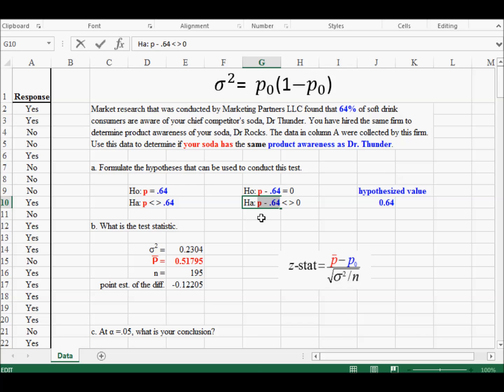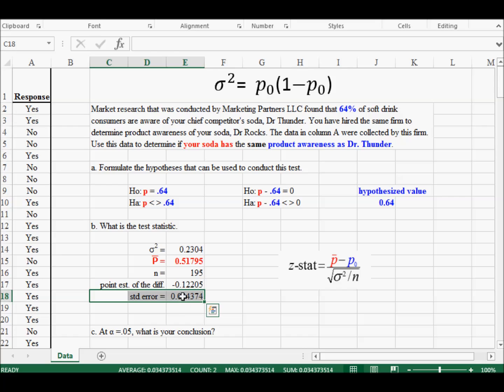P bar is the point estimate of P, and P0 is the hypothesized value of 0.64. So to get the point estimate of the difference, we take P bar minus the hypothesized value. The denominator is a standard error, and the standard error is computed by taking the square root of the sigma squared, dividing that by n.